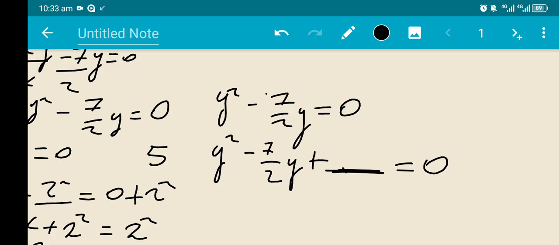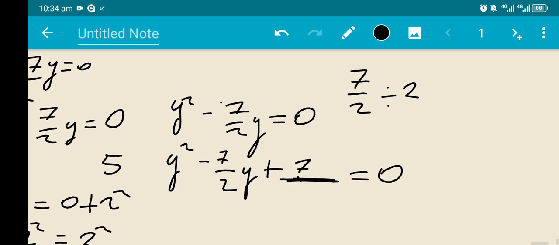Then what we're going to fill in this space here is half of what's in the middle. So what is in the middle here? It is 7 over 2. Then what is half of 7 over 2? Let me do it separately at the top there. So we've got 7 over 2 divided by 2. When it changes to multiplication, this one will switch.